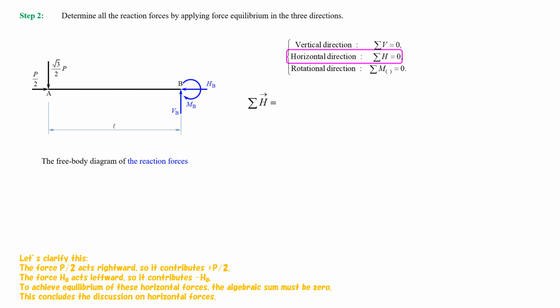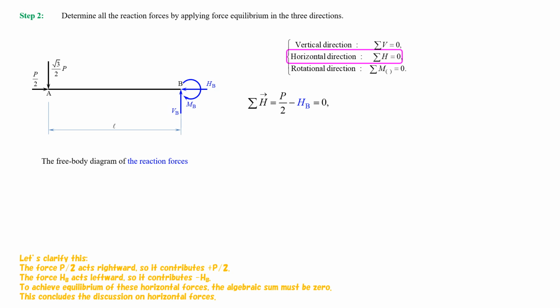The force the 1/2 of P acts rightward, so it contributes plus the 1/2 of P. The force HB acts leftward, so it contributes minus HB. To achieve equilibrium of these horizontal forces, the algebraic sum must be 0. This concludes the discussion on horizontal forces.